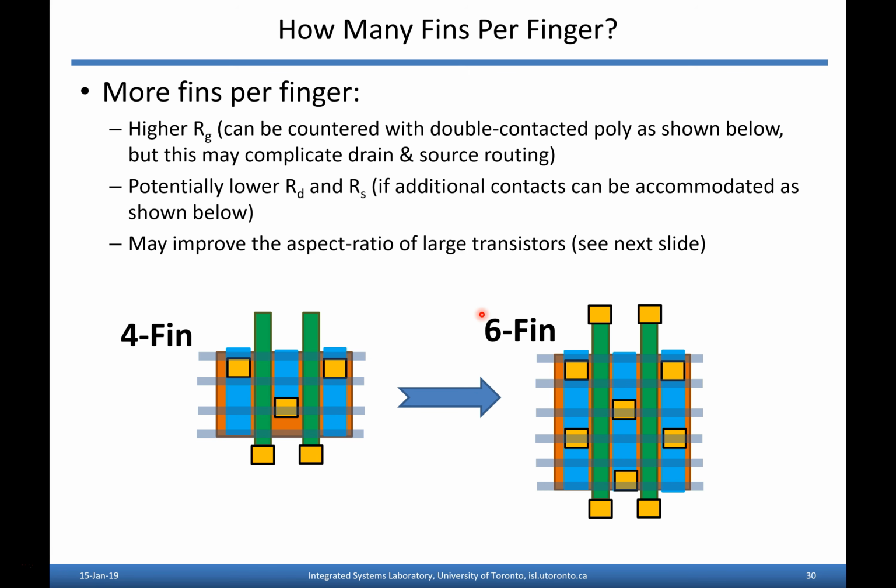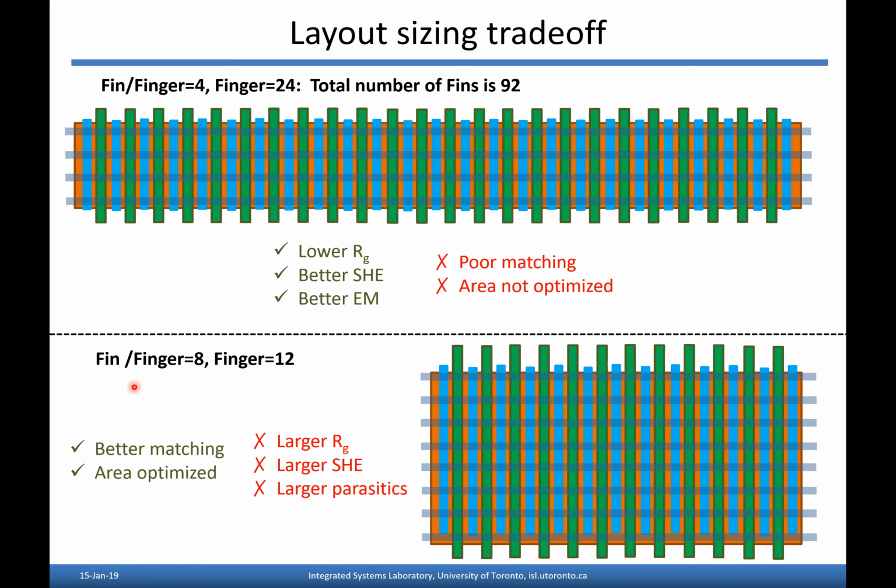Another issue for analog design in particular is that when you have very few fins per finger, if the transistor W over L is very large, then the transistor starts looking like a really long rectangle, right? Sometimes that can be its own bit of a pain for floor planning your analog layout. So here, just showing the trade-off on a large transistor, both these layouts have the same total number of fins.